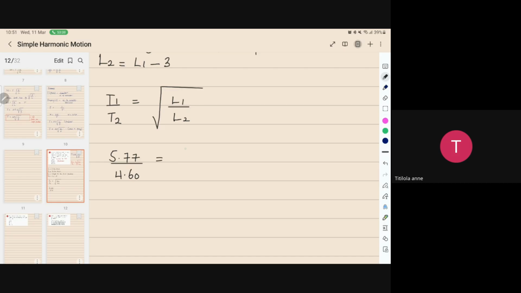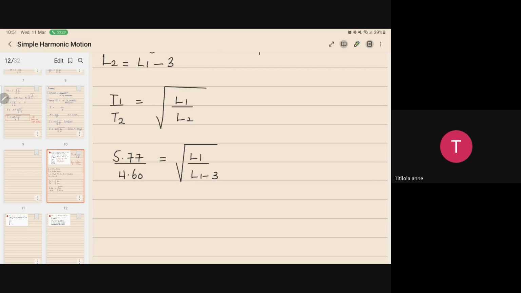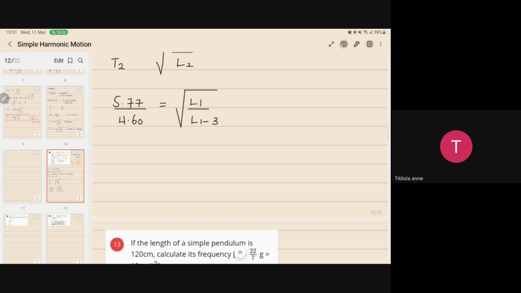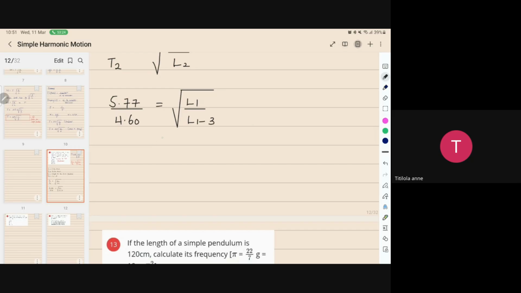It's equal to, I have the value of my L1, I'm using my square root. So I have my L1. L2 has changed to L1 minus 3. Now I have to get the value of L1 because I don't know the value of L1. So what we can do is square both sides, so we can remove the square root. You understand it now?